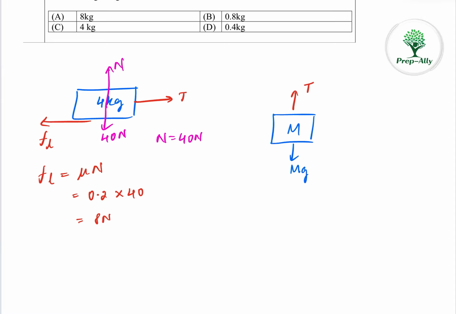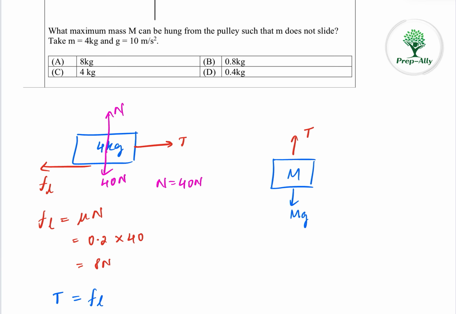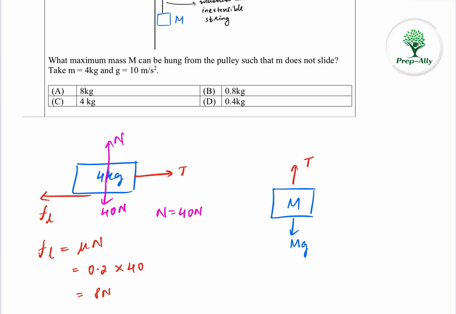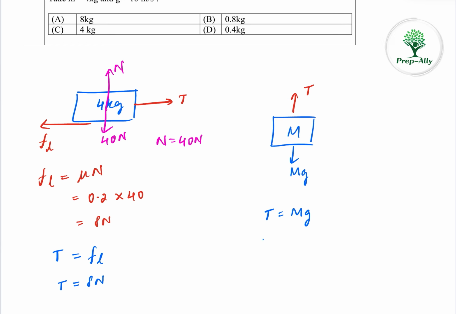Now when the body is in equilibrium, the tension in the string is exactly equal to limiting friction. So tension is also 8 Newton. Now, when the 4 kg block is at rest, then this capital M mass also has to be at rest because it is connected to the same string. If this mass M is at rest, the net force is 0. So tension balances out the weight. So we have a tension of 8 Newton here.